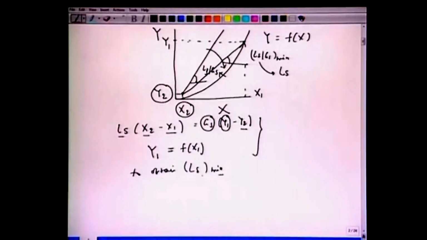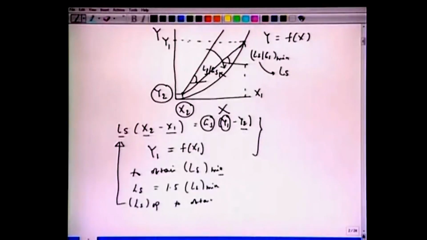So from here we can solve Ls minimum, and then realizing that we have Ls equals 1.5 times Ls min, we can calculate Ls operating, and once we know Ls operating, we can put it back in the previous equation to obtain x1, the concentration of the effluent, the concentration of the spent liquid, or the liquid effluent.